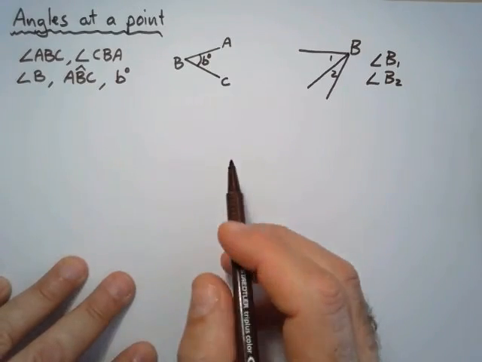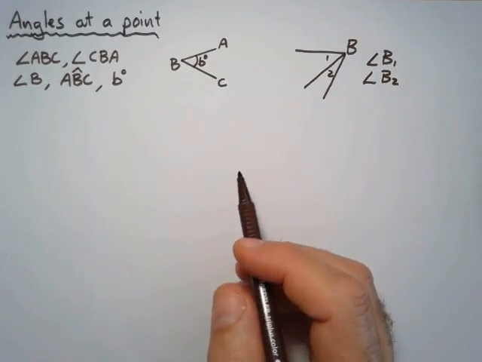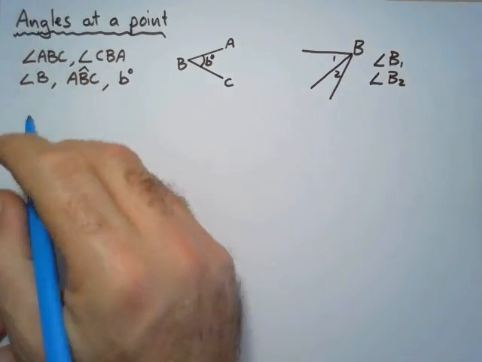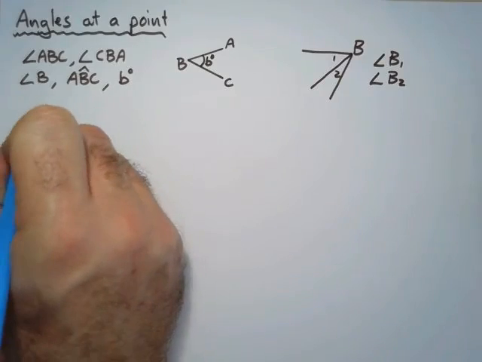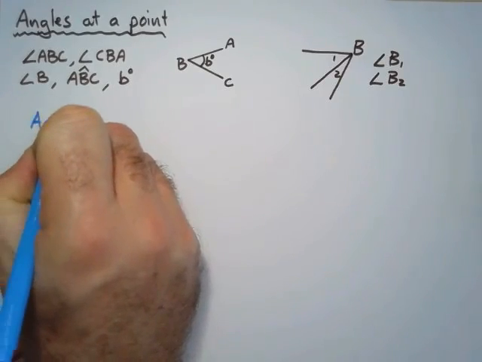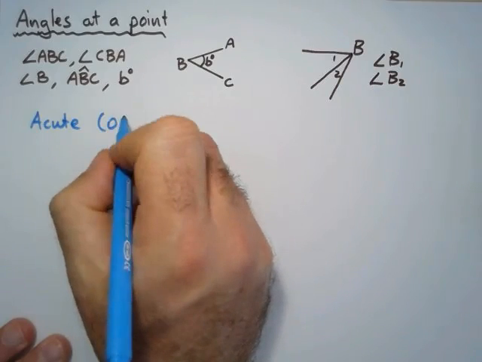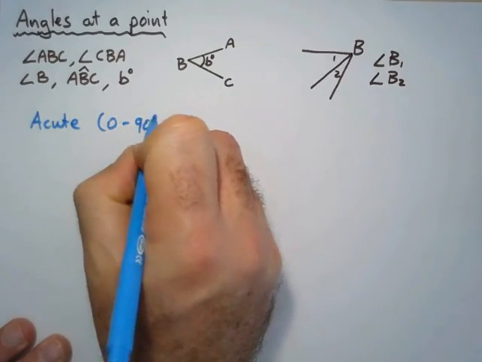Now, we can get all different types of angles, and when we classify angles, we look at what size they are. So we give them all names. The first angle that you need to know about is the acute angle, and you know all of this. An acute angle is between 0 and 90 degrees.